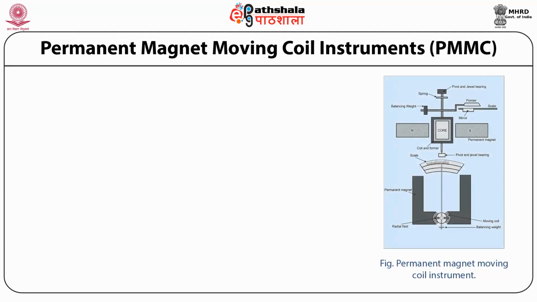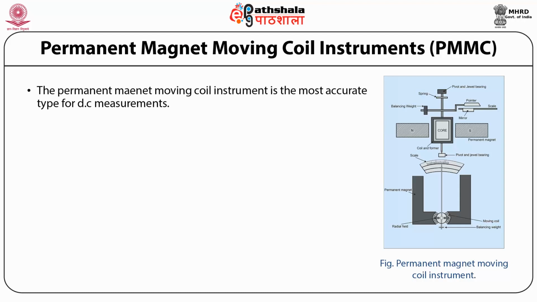So, students, now we will discuss the special case of permanent magnet moving coil instruments, or PMMC in short. The permanent magnet moving coil instrument is the most accurate type for DC measurements.